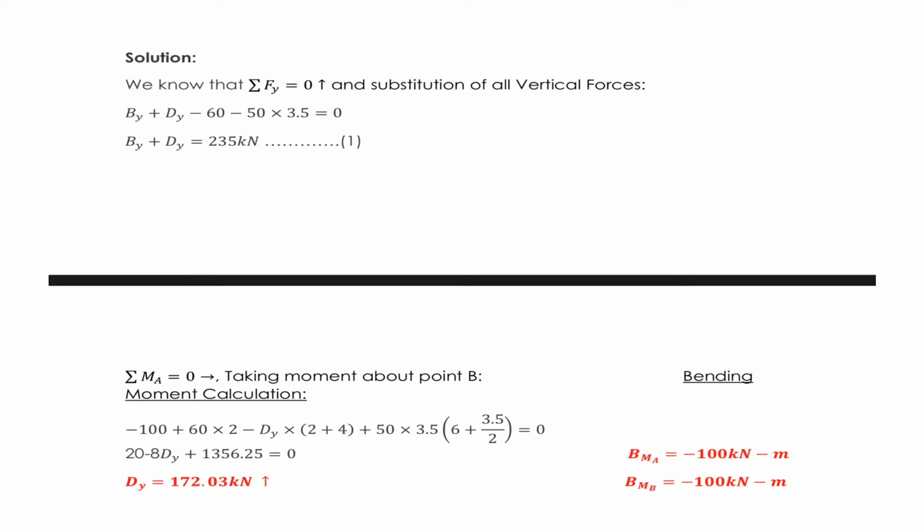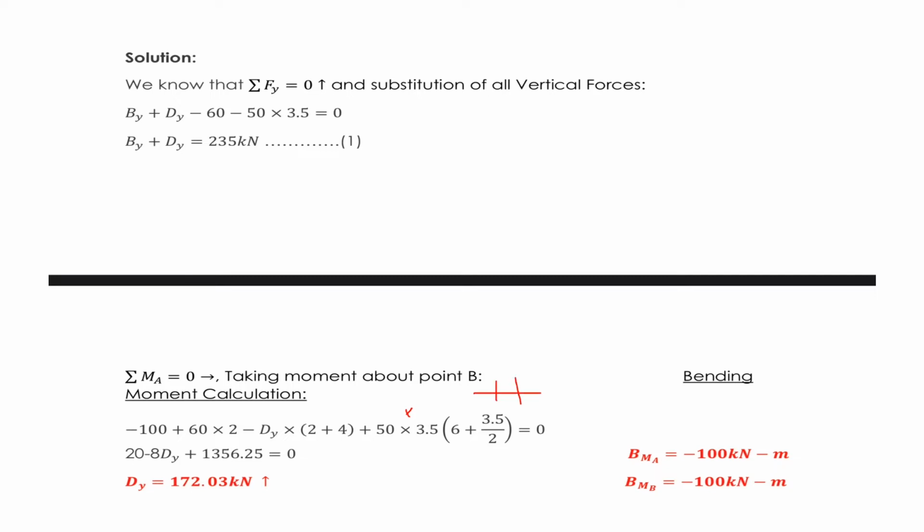At summation MA equal to 0, it's for the moments calculation. So negative 100 plus 60 times length 2 minus Dy times 2, length 2 plus 4, plus 50 times 3.5 times 6 plus 3.5, it's separated into two sections, so divided by 2, equal to 0.